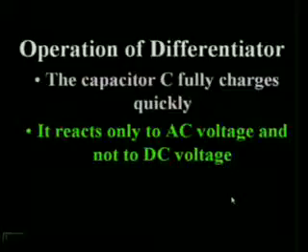What are the conditions for differentiation? When the capacitor is fully charged, what will it do? The capacitor will not react to a DC value, it will react only to the changing value, means the AC signal.